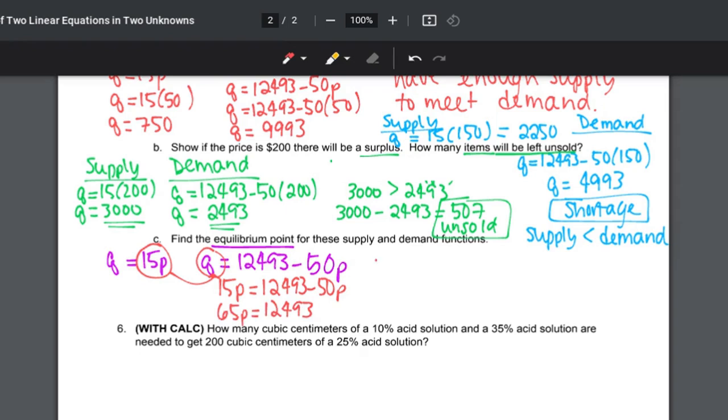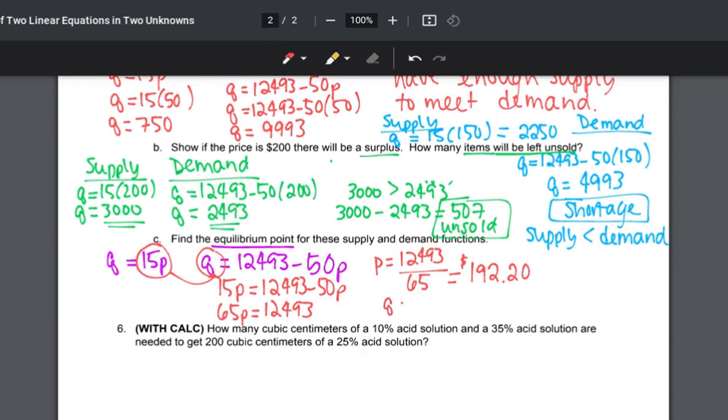So last step would be to divide those two numbers. So 12,493 divided by 65. All right, so that gives us 192.2, which is a price. So we're going to change this to 192.20. And to find the equilibrium point, I would need to know the price and the quantity.